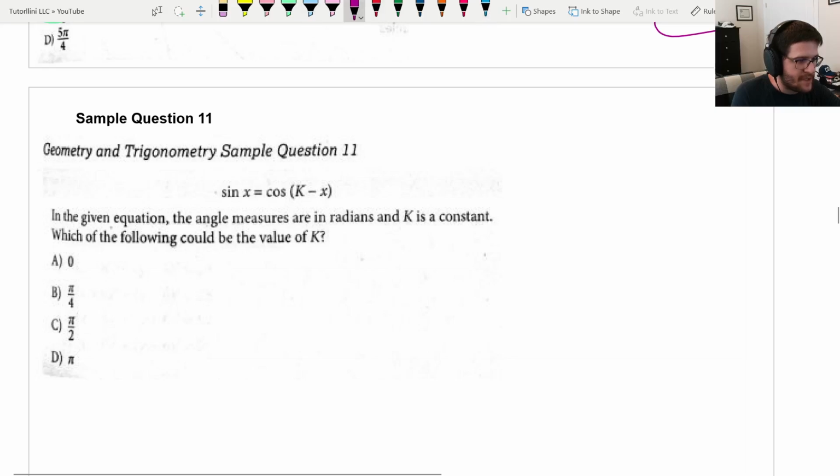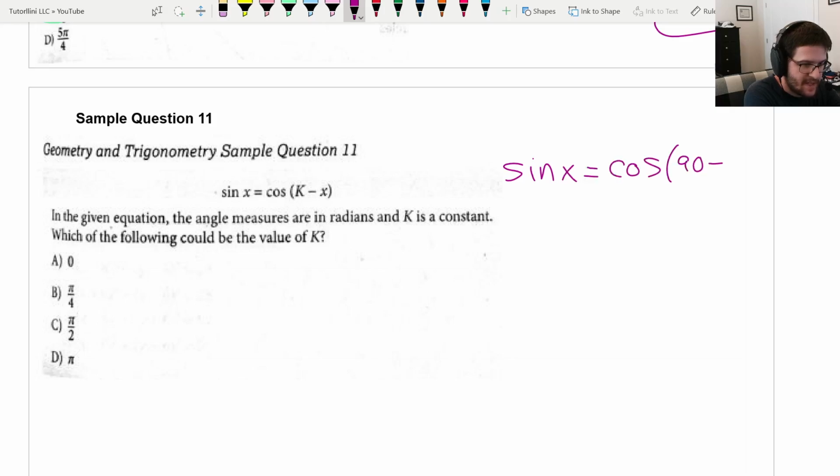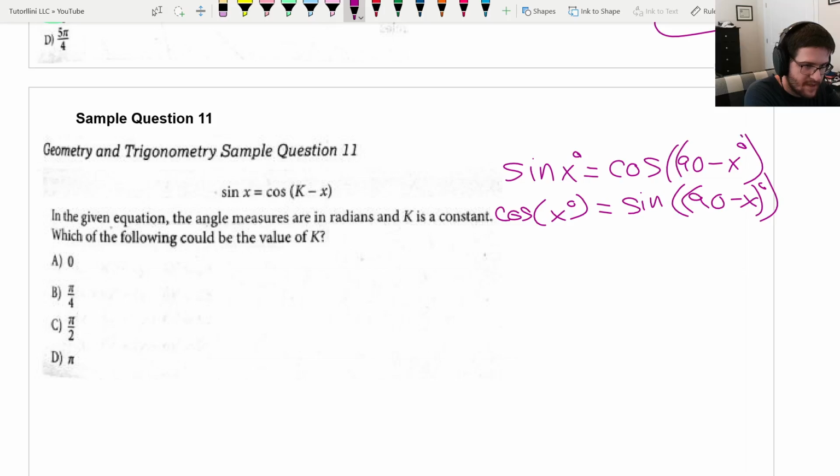Okay, this is kind of just testing us on a formula that we should know for the test. Sine of x is equal to cosine of 90 minus x degrees. And cosine of x equals sine of 90 minus x degrees.